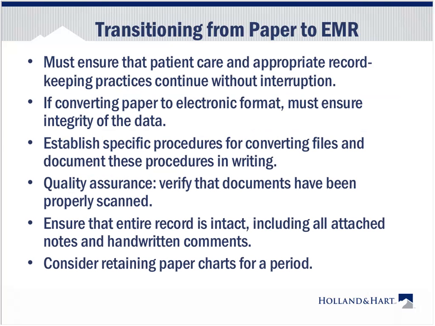If you're converting paper into an electronic format, for example, scanning it, you have to ensure the integrity of the data. You should establish specific procedures for converting files and document those procedures in writing. You need a quality assurance aspect to verify that the documents have been properly scanned, that there are no pages missing or jammed.